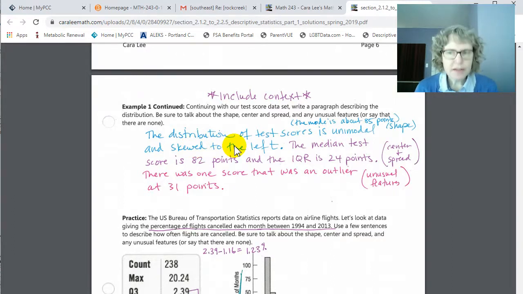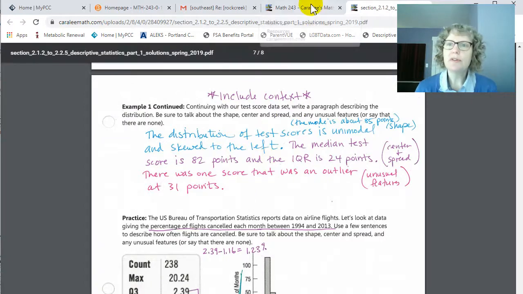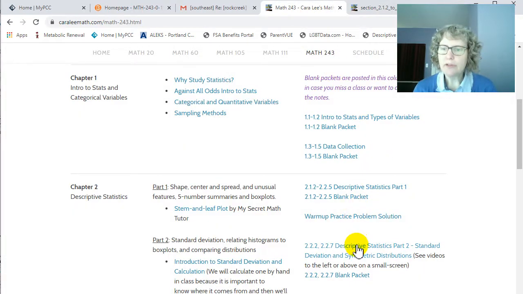And then because it's skewed, we talk about the median and the IQR. And then we talk about any unusual features. Okay, so we've got the context in there with the test scores, and then we've got the units. Let me show you one more example of a symmetric one that's in this packet here.